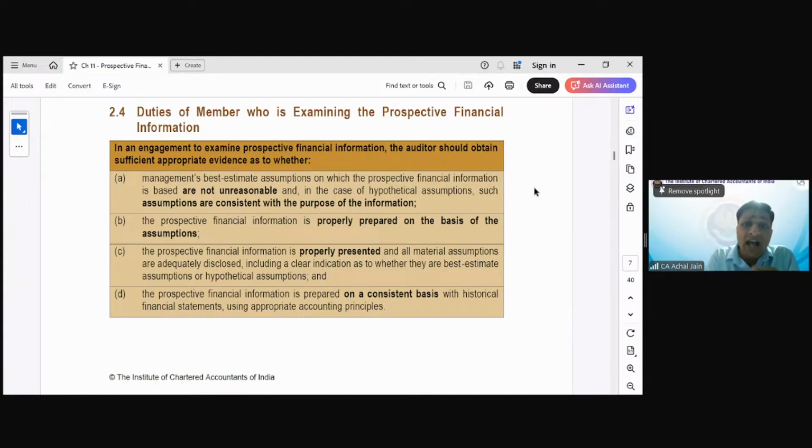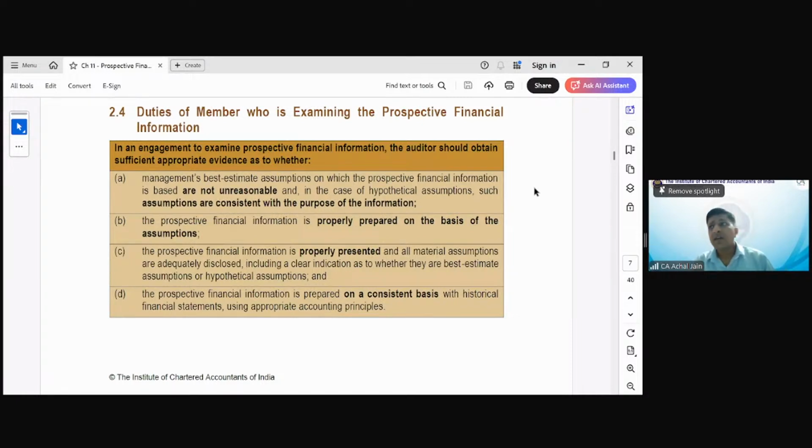But this entire data is based on assumptions. So the important part is to understand and check those assumptions. Because if those assumptions are not appropriate, this entire data may go for a toss.